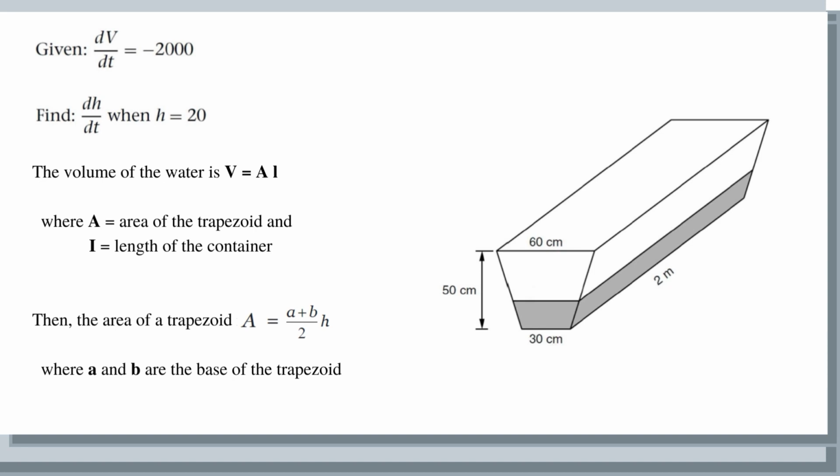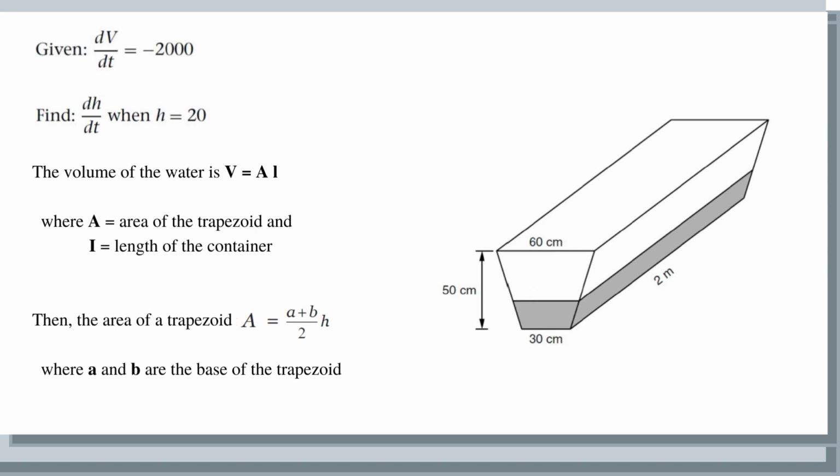Thus, instead of using the volume formula, which is equal to the cross-sectional area times the height, we will be using the volume formula, which is equal to the cross-sectional area times the length of the container, such that the area would be the cross-section of the trapezoid and the length of the container, which is 2 meters.